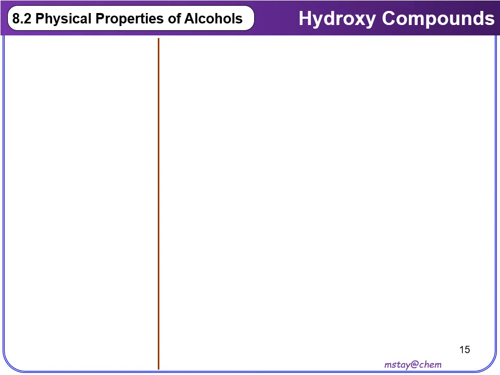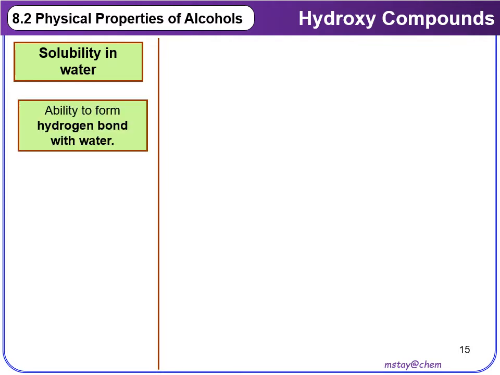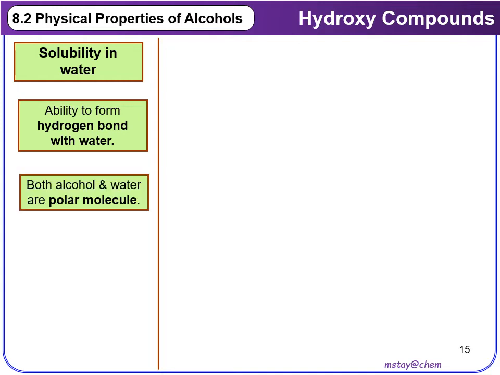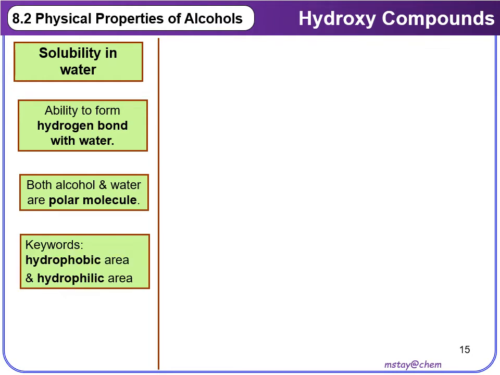Okay, after discussing the boiling point, the next physical property that we are going to discuss is the solubility in water. As we already know, alcohol can form hydrogen bonds, so definitely they can also form hydrogen bonds with water. If able to form hydrogen bonds with water, basically the alcohols are soluble in water because both of them are polar molecules.